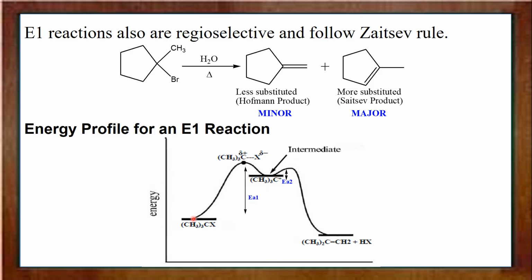The energy gap between the substrate and transition state is called the energy of activation of step 1, EA1. But for the second step, the carbocation is the reactant and the alkene is the product. For this step, the energy of activation is very less. Therefore, this step takes place at a very fast rate, and this is the energy profile of E1 reaction.